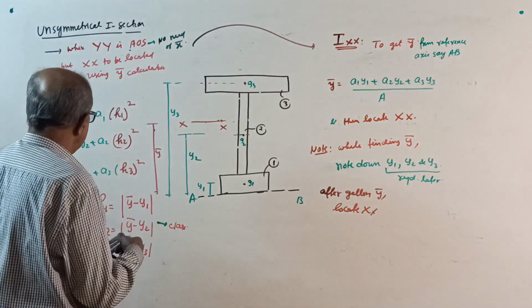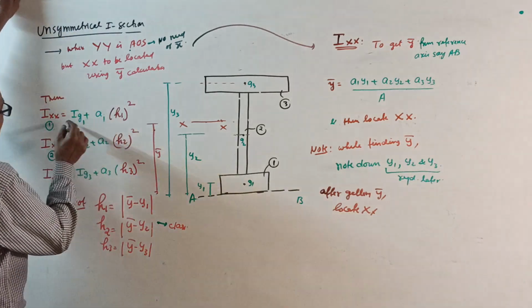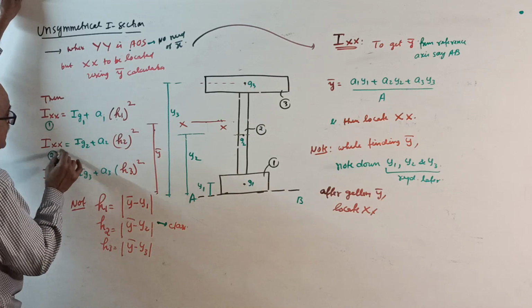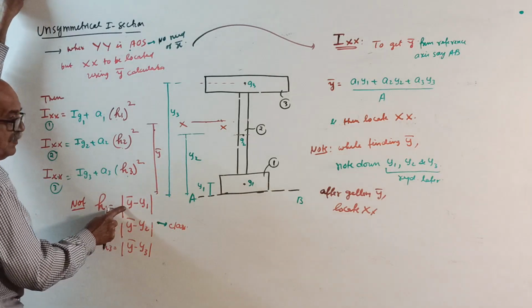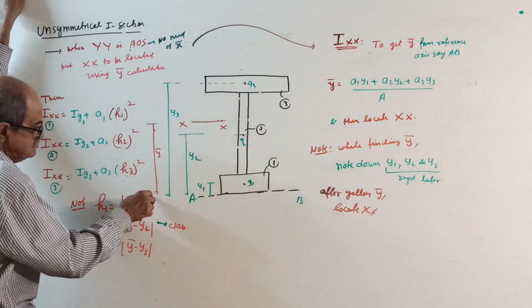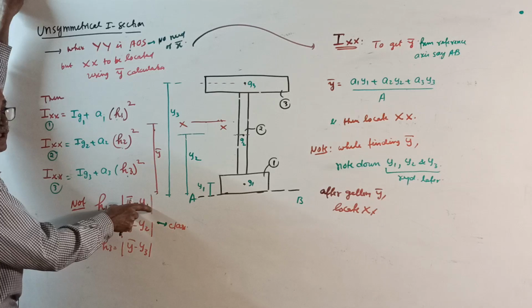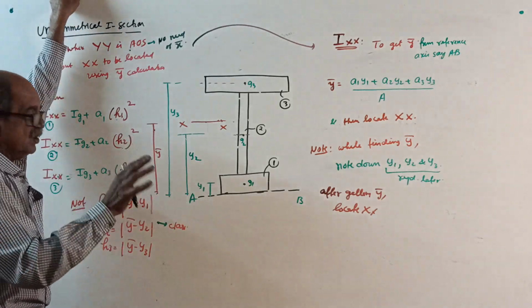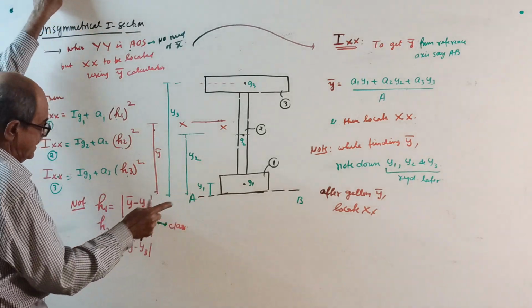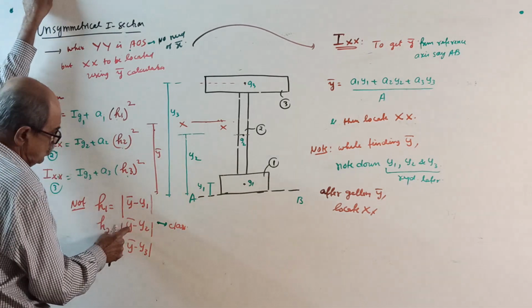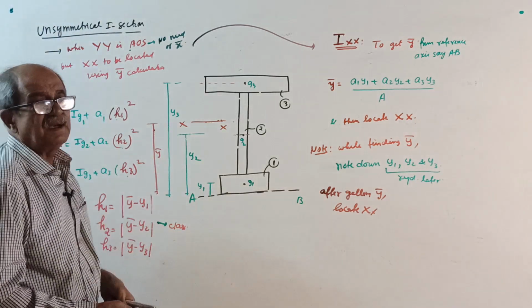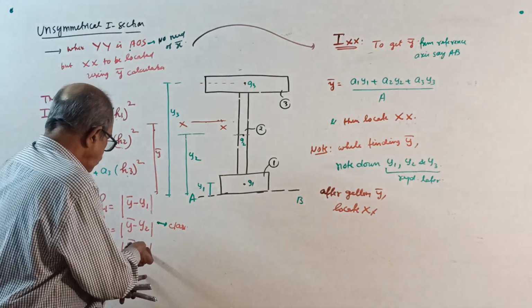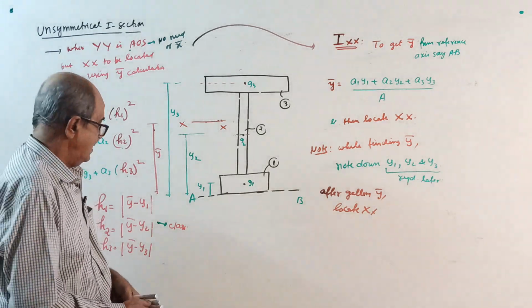So Ig plus A h square, Ig plus A h square, Ig plus A h square, where h1 equals y bar minus y1, mode, means no sign. You write whatever you got, because you are squaring it. Here also h2 equals y bar minus y2, h3 equals y bar minus y3. Actually h3 is y3 minus y bar. You make a note here.